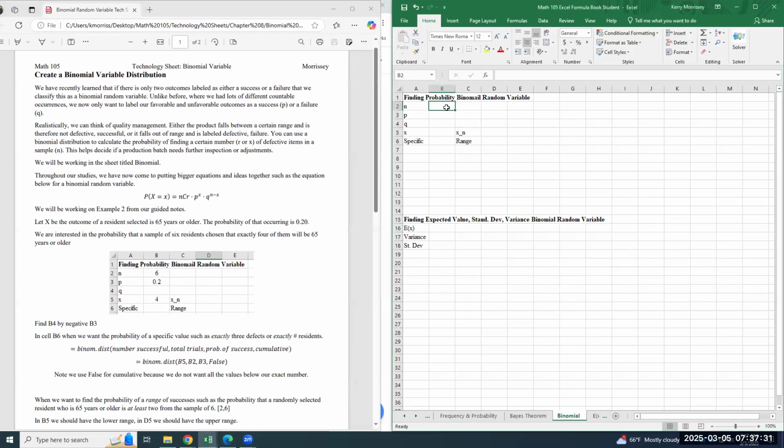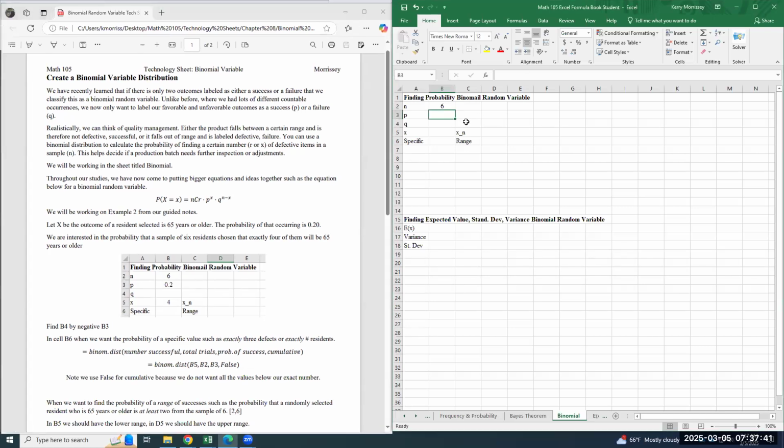So we know that of your sample, there are 6 people being sampled. Your P, they just told us, was 20%. They also said that we're hoping that of your sample of 6, exactly 4 of them will be 65 years or older.